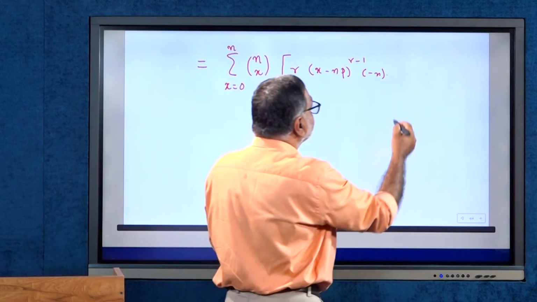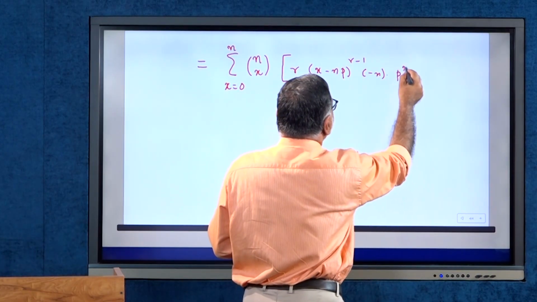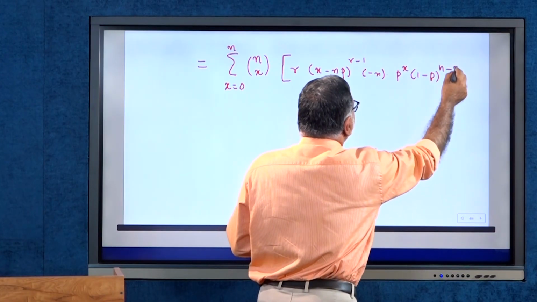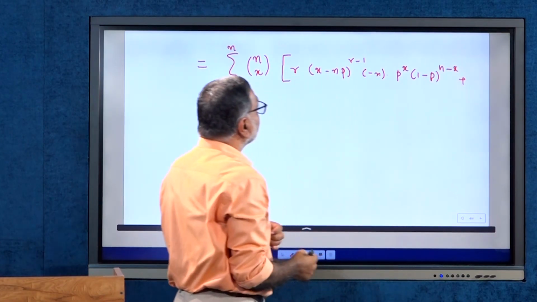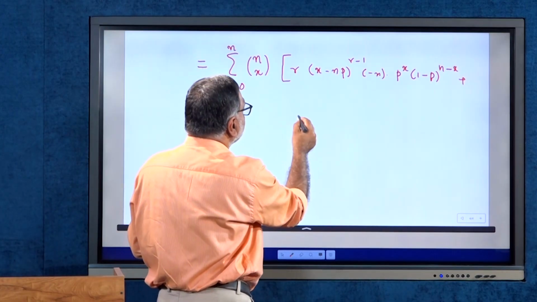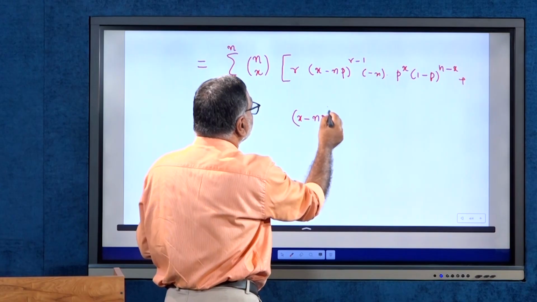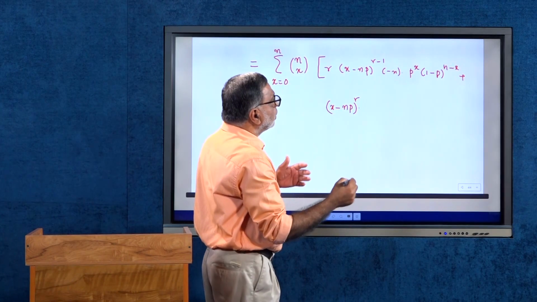The remaining functions, that is p power x 1 minus p all power n minus x, plus the first function x minus np power r into the derivative of the second function.